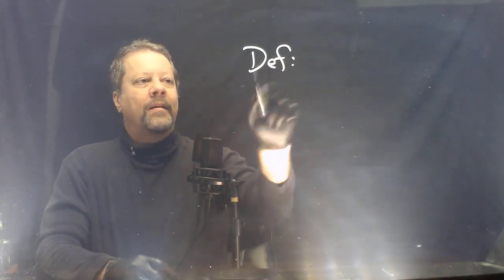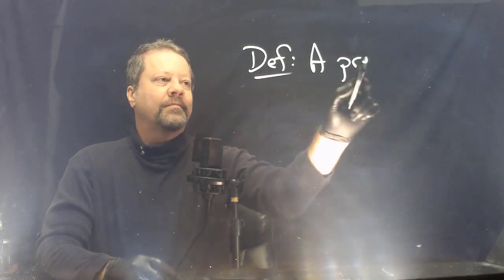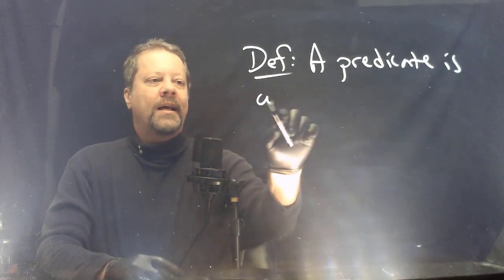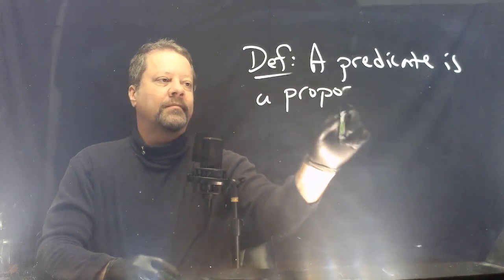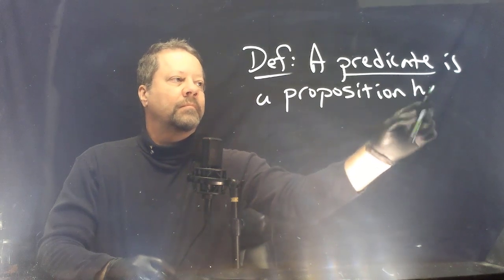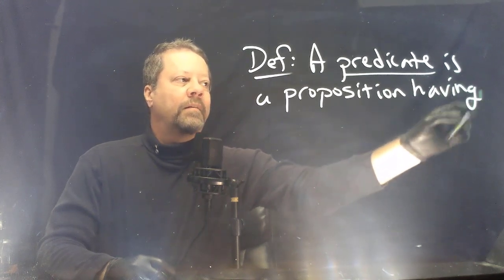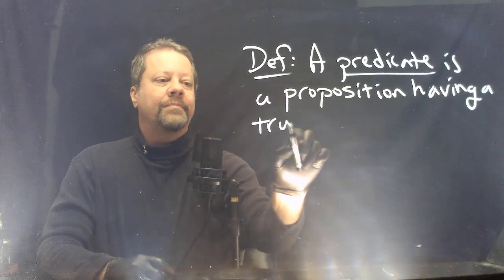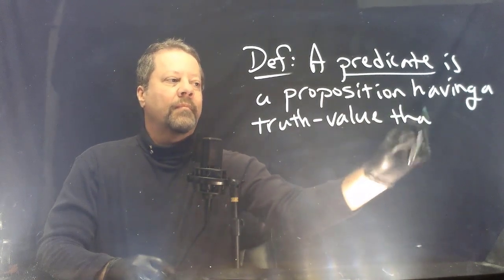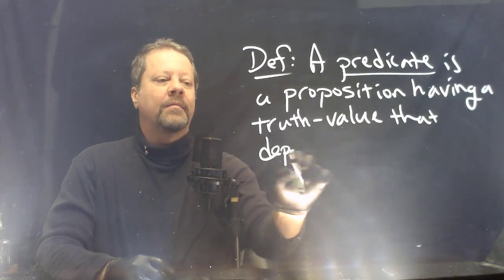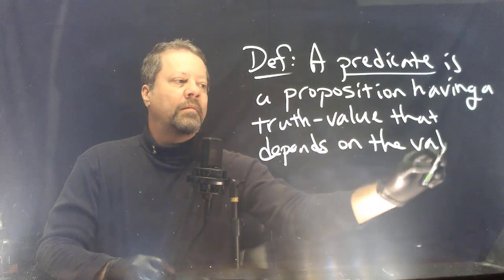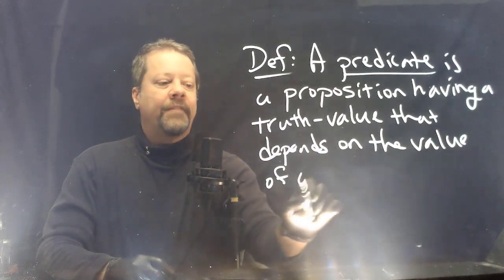So a predicate is a proposition having a truth value that depends on the value of a free variable.